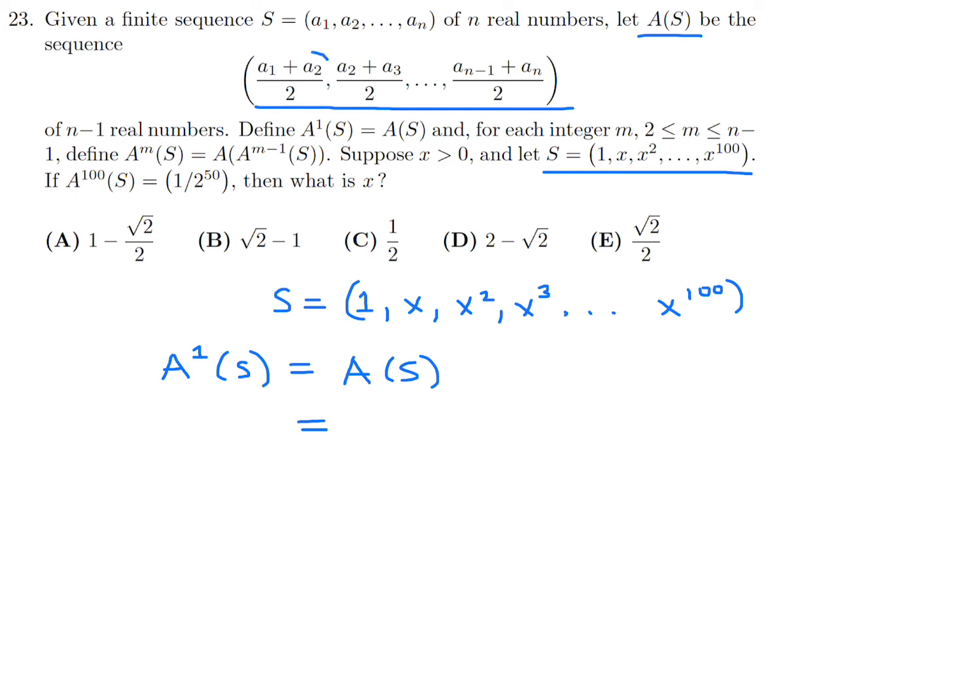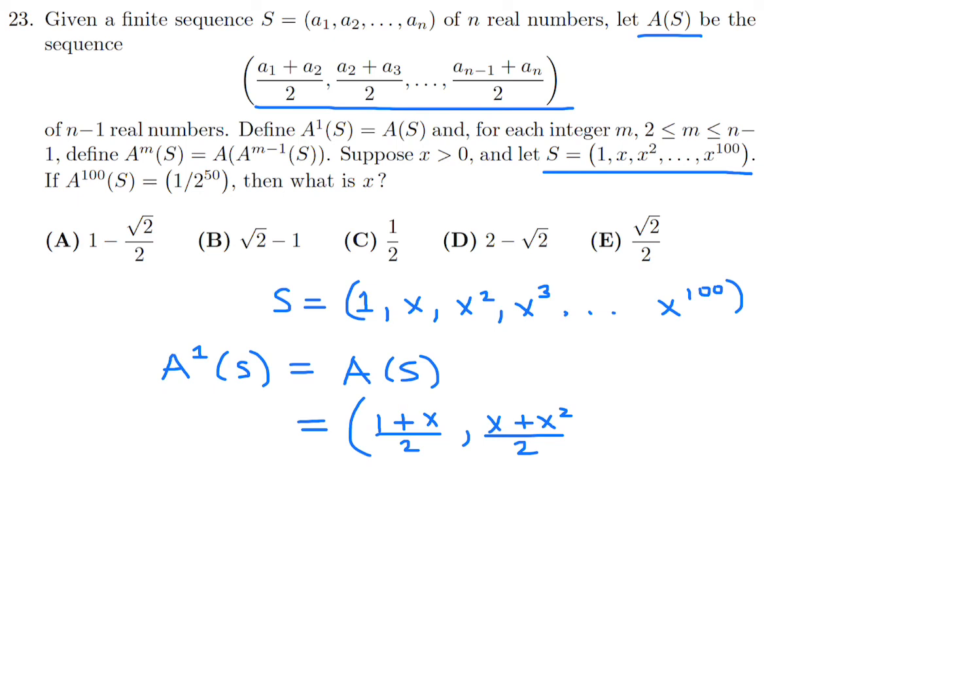So how do you get it? It's the first term plus the second term divided by 2. So 1 plus x over 2. Next we get to A2 plus A3 divided by 2. So the second term plus the third term divided by 2 would be x plus x squared over 2.